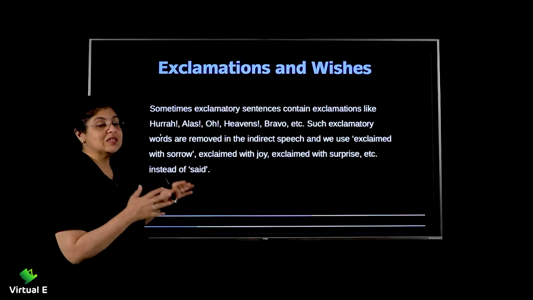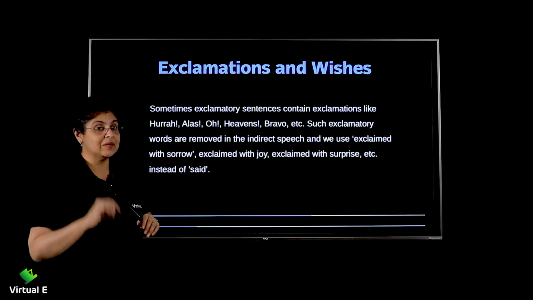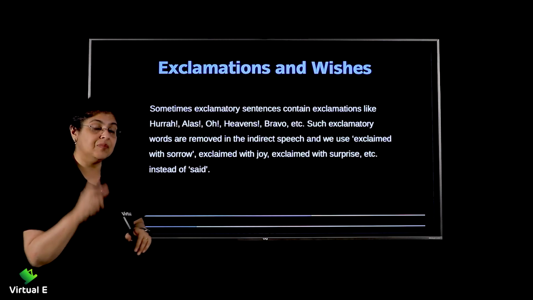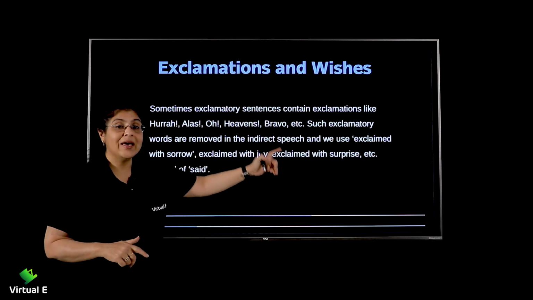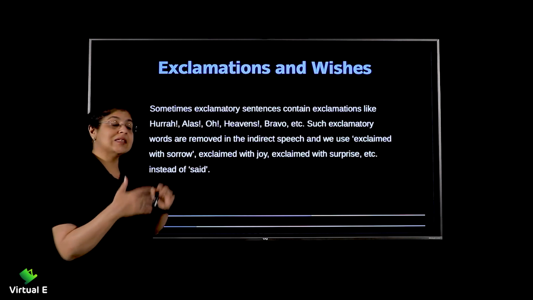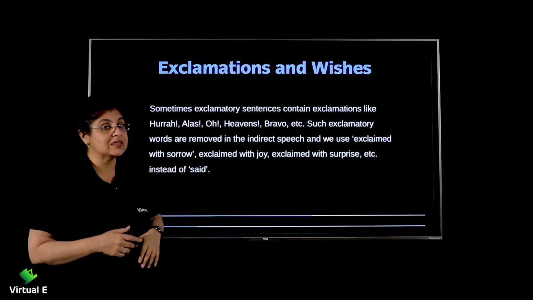So when you have a sentence ending with an exclamation mark, that changes. In that case, the reporting verb said changes to exclaimed with joy, exclaimed with sorrow, exclaimed with sadness, exclaimed with excitement. Now that depends on the type of sentence that we have.